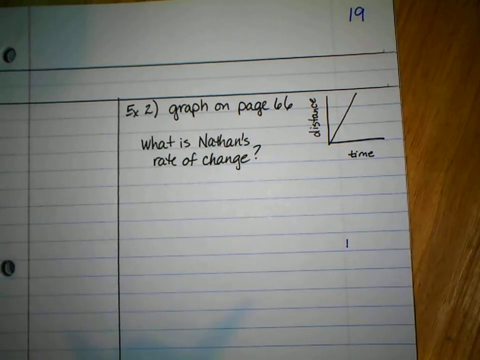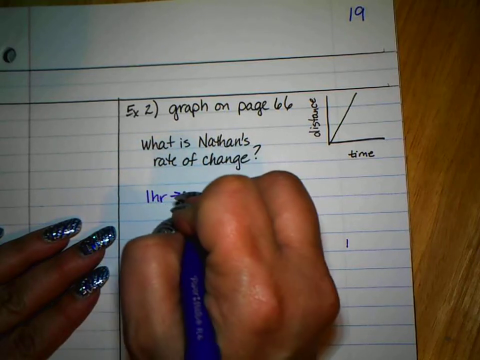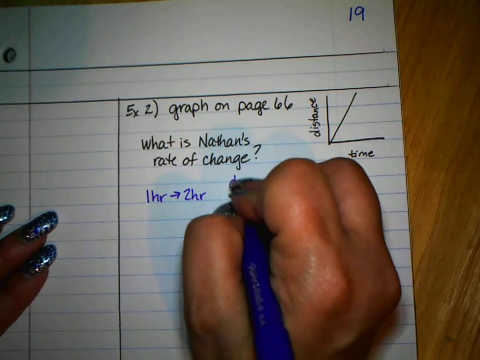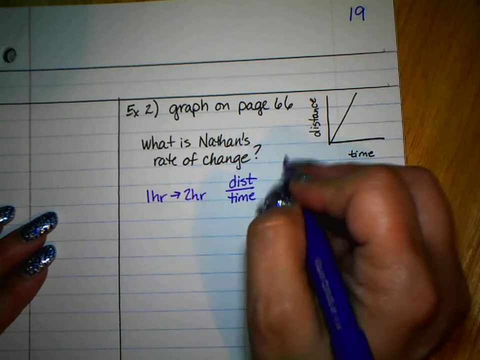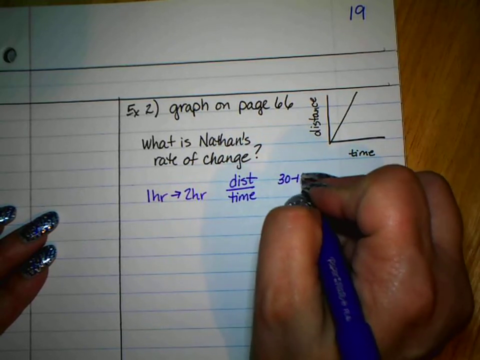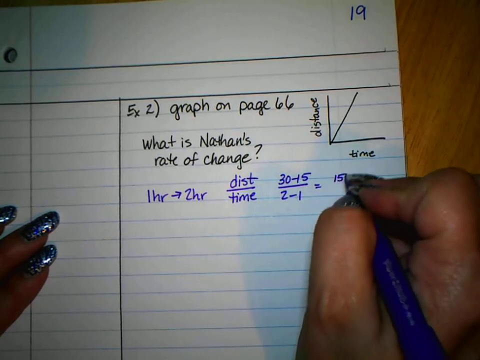And you're going to do the same thing that I just did on the previous example. We're going to use that graph and we're going to figure this out. So if we go from 1 hour to 2 hours, we're looking at distance over time, and that was 30 minus 15 over 2 minus 1, which is 15 over 1.